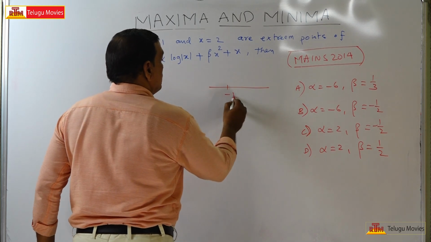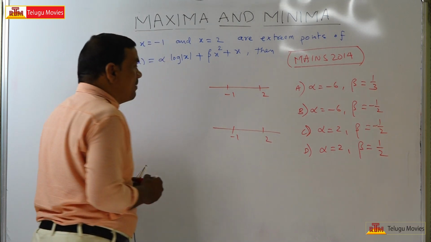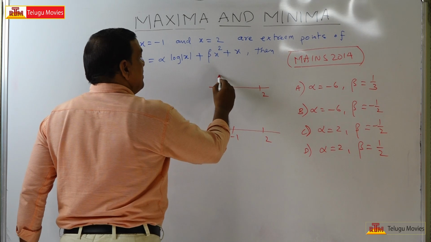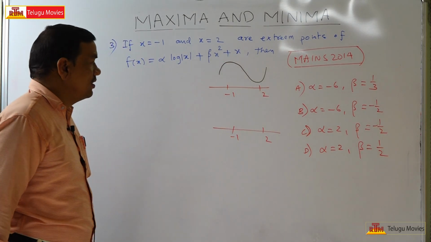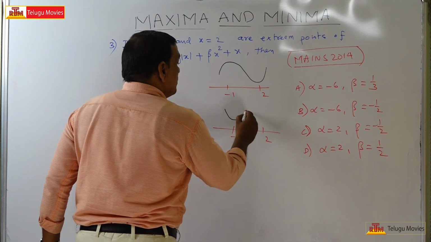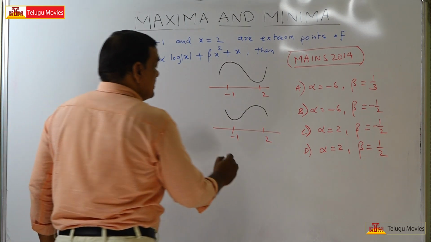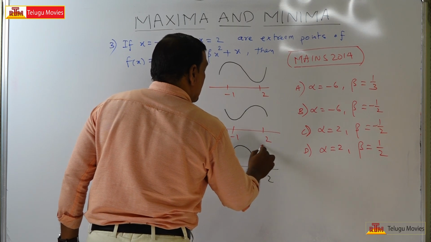So at -1 the function may be maximum, and at x is equal to 2 it may be minimum. Otherwise, we can say that at -1 and 2, both are maximum.